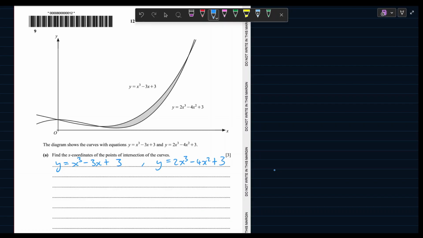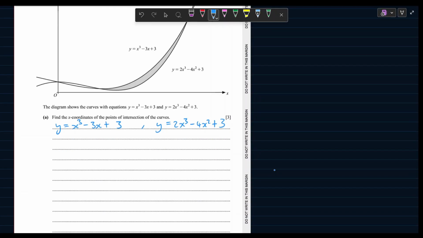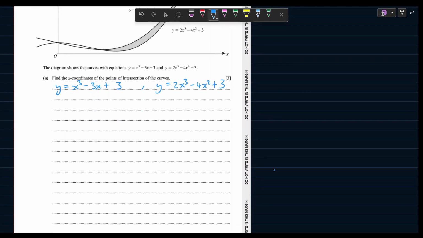So if you want points of intersection, you have to solve simultaneously. In this case, since both of them are in terms of y, we can simply equate the right-hand sides together, so that it's x cubed minus 3x plus 3 is equal to 2x cubed minus 4x squared plus 3.